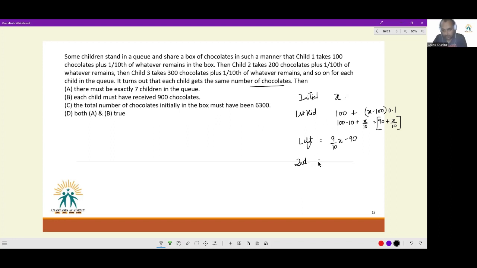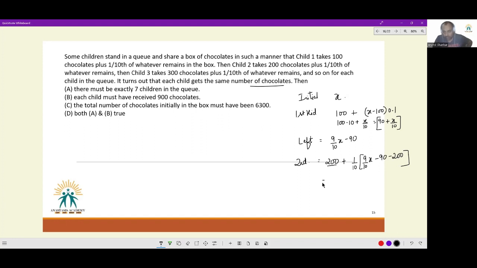The second kid has taken 200 plus 1 by 10 of (9 by 10 X minus 90 minus 200). These many chocolates are left when the second kid came. The second kid has taken 200 chocolates plus 1/10 of whatever remains. So from the initial count, these 200 are gone and then 1/10 has been taken by the second kid.